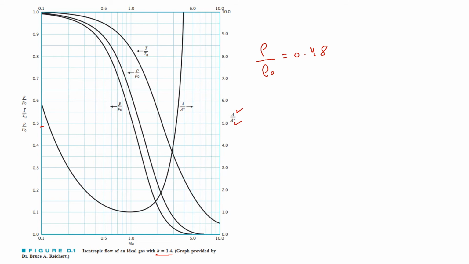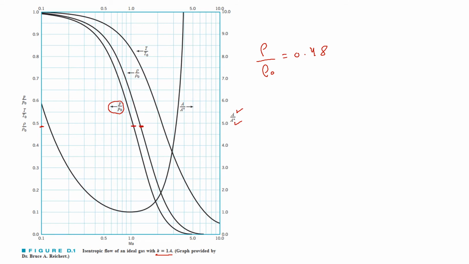This is my line for density over stagnation density. This is the point, and I will now mark this point on the other lines as well. This line is for pressure over stagnation pressure, so this will be my value of P over P naught.